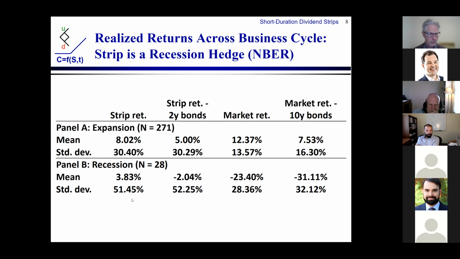And during recessions, strip returns are even more volatile. They're here having a whopping 50% volatility. So yes, the point estimate is positive, but we wouldn't be able to test for that and claim that this is positive in a statistical sense.